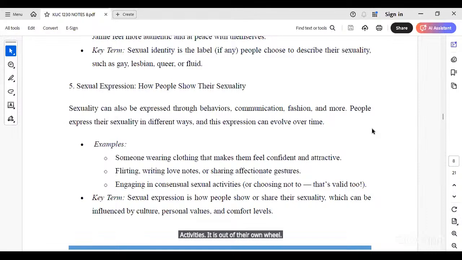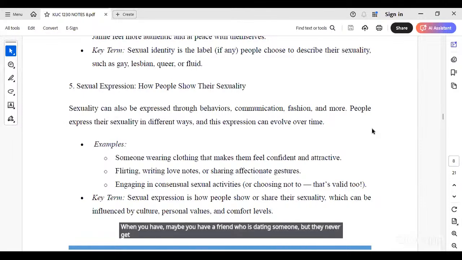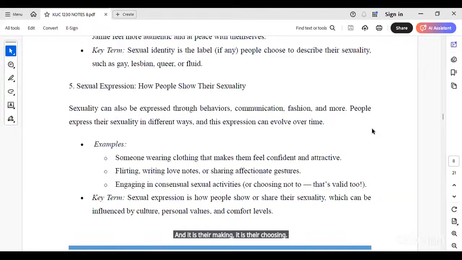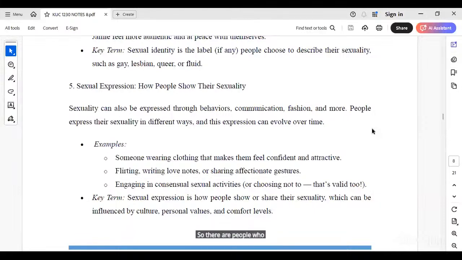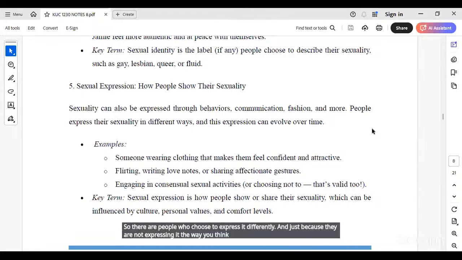So maybe you have a friend who is dating someone, but they never get into some of these consensual sexual activities, and it is their making, it is their choosing, it is perfectly okay. You don't have to keep labeling them or thinking that maybe they are not normal. It's perfectly in order, because the way people express their sexuality is different. So there are people who choose to express it differently. And just because they are not expressing it the way you think they should does not make them abnormal.